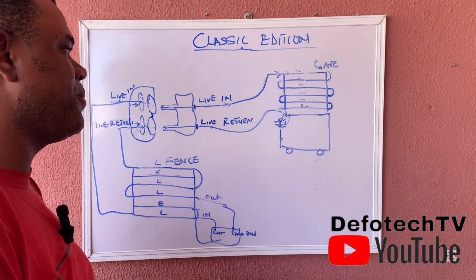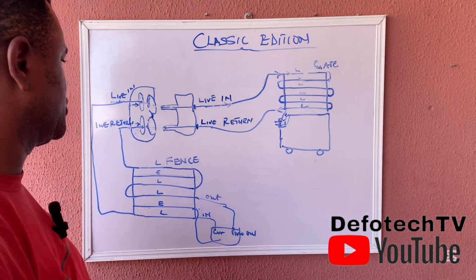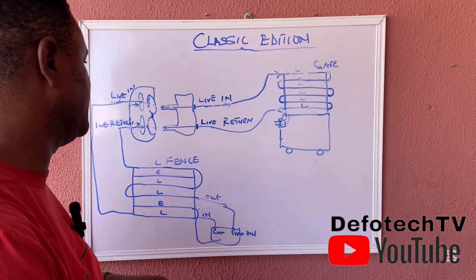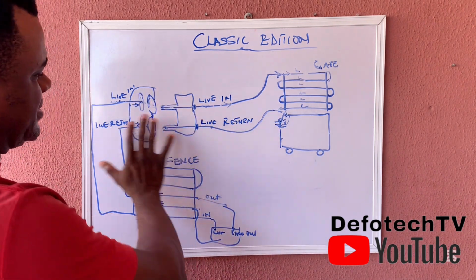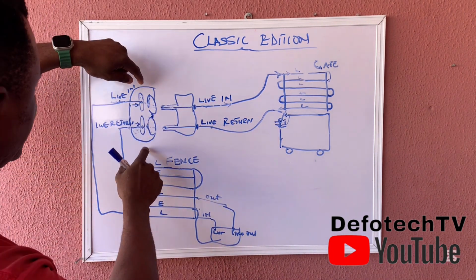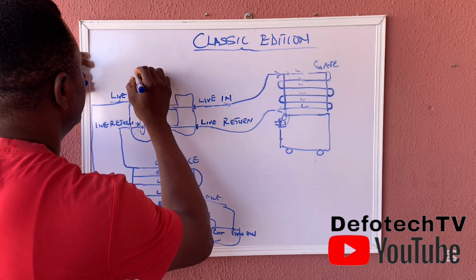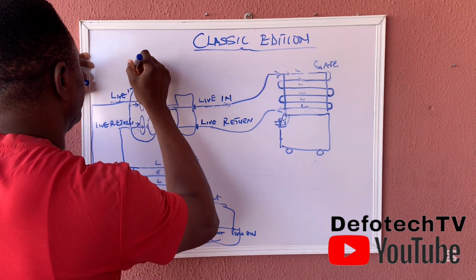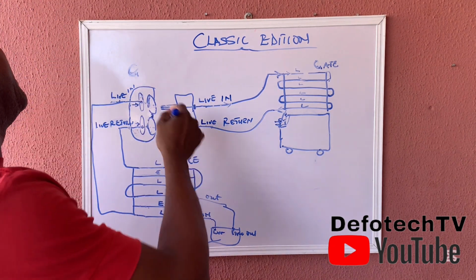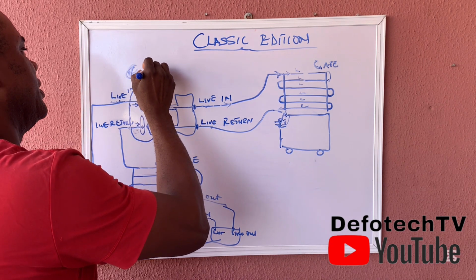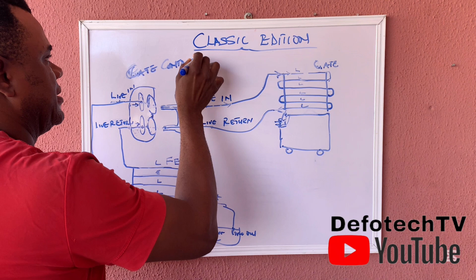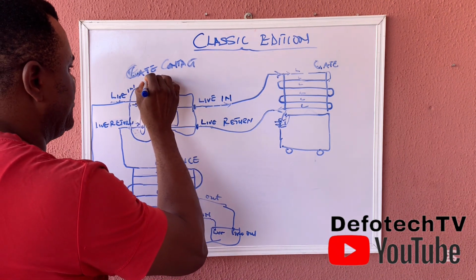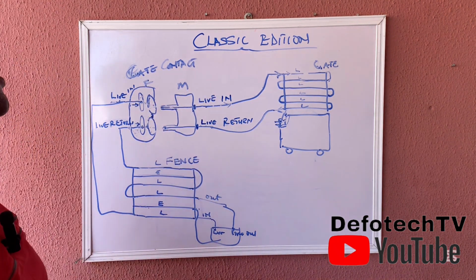It's a very simple principle, just that most of us don't understand it yet. It is this simple. If you can understand this circuit and the gate contact, this is the gate contact, the female, and this is the male.